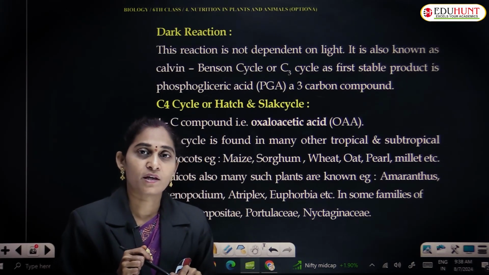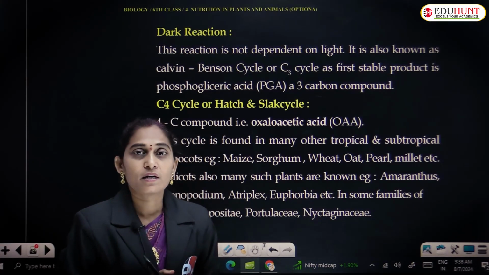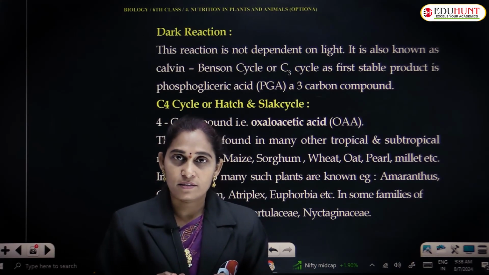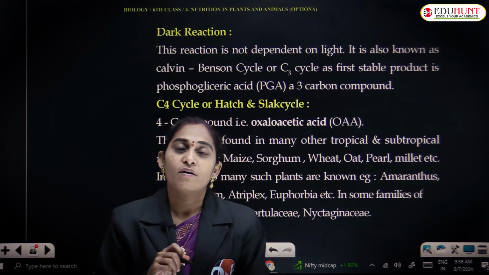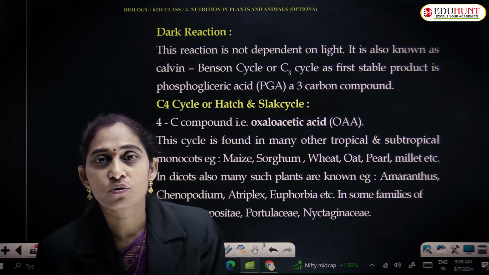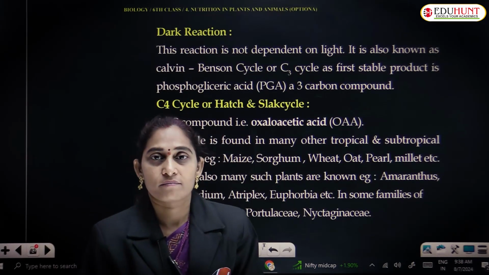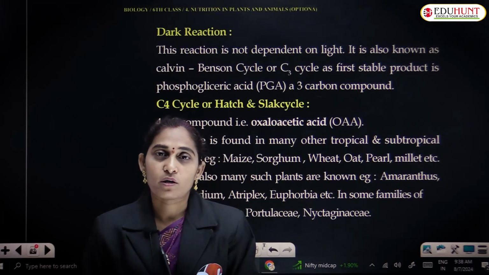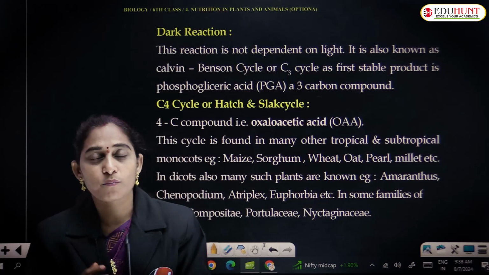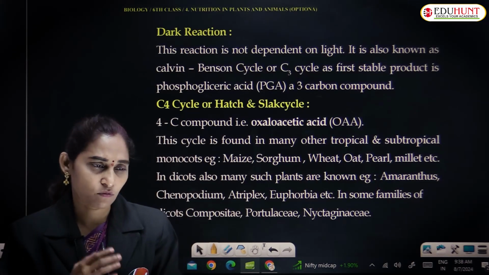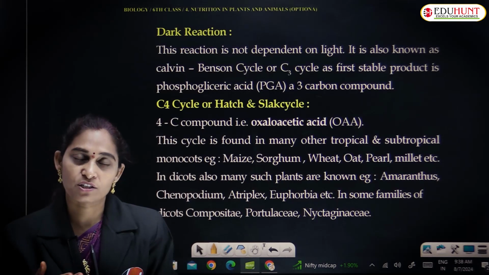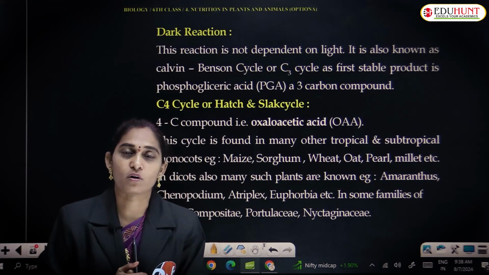During daytime, because of photosynthesis, glucose is synthesized, and whenever this glucose dissolves in water, the water potential comes down. Always water moves from higher water potential to lower water potential. Water potential is nothing but pressure, the chemical potential of water.